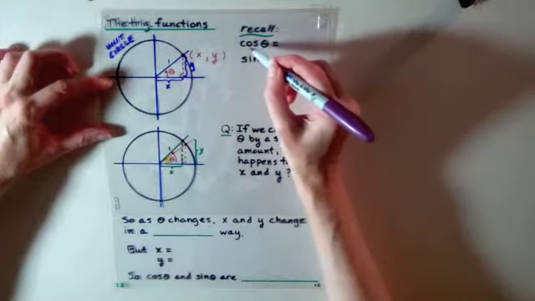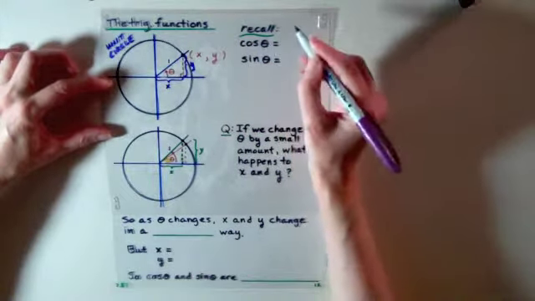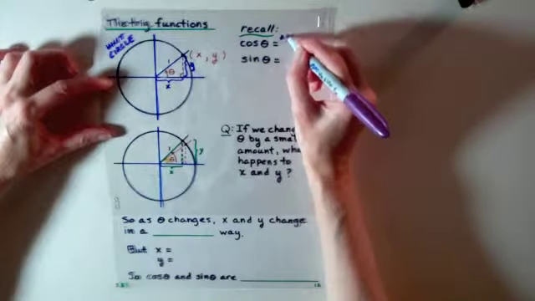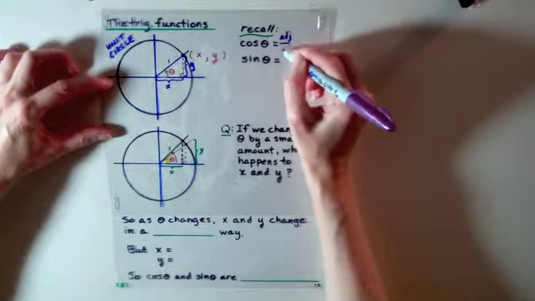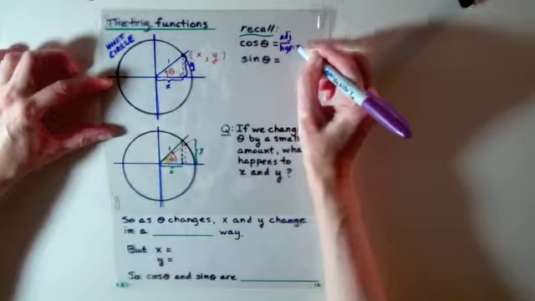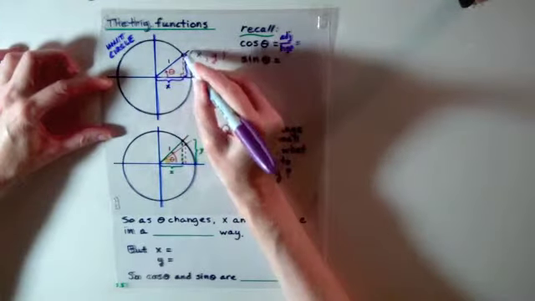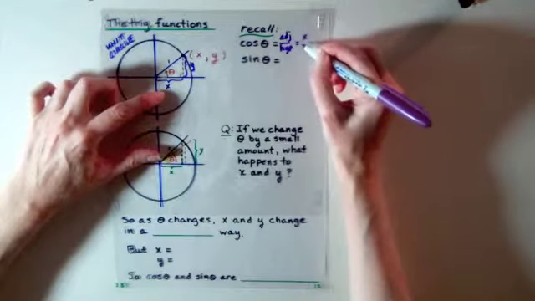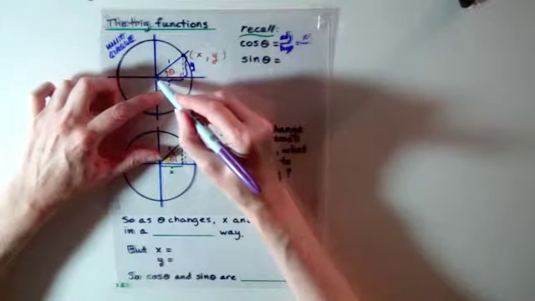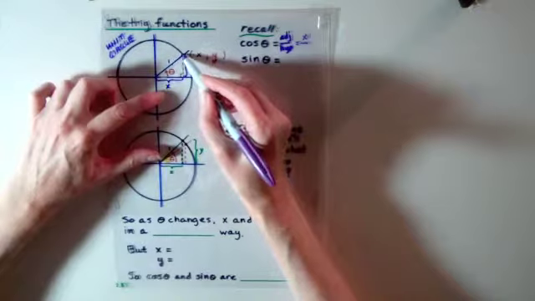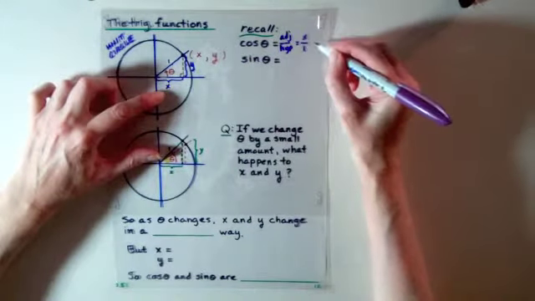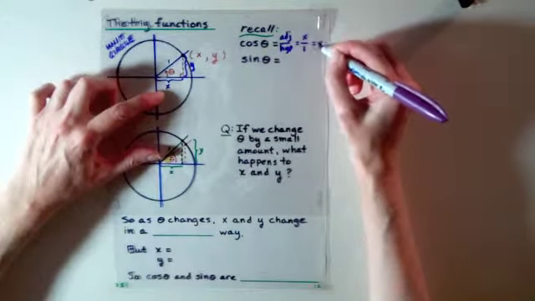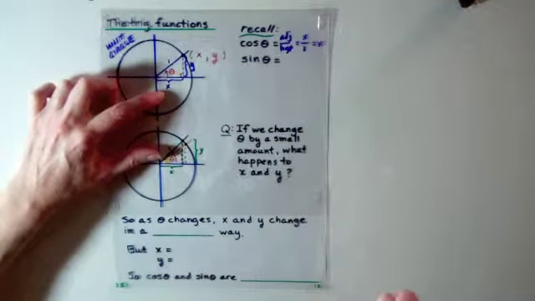Well, remember the definition of cosine theta. It's the adjacent side over the hypotenuse in our little right triangle that we've drawn here. And what is the adjacent side? The adjacent side is x, and because this is the unit circle, the hypotenuse has length 1. So it's x divided by 1, or simply x. What does that mean?